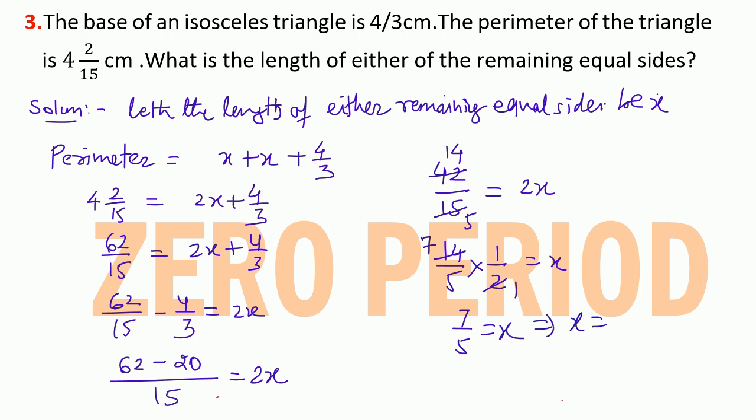Therefore x equals 7/5, or you can write 5 times 1 is 5, 2 remainder and 5. This is the value of that remaining equal side.